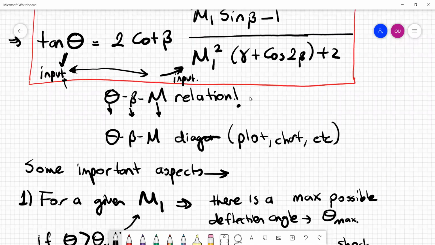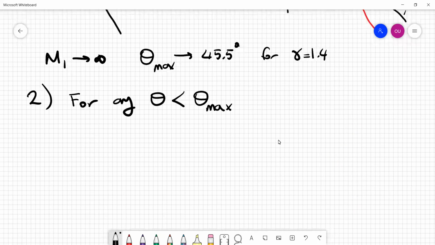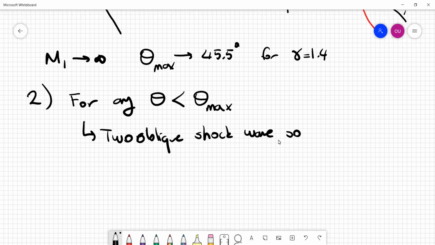Let me quickly write this down. There are two oblique shock wave solutions for a given upstream Mach number M1.